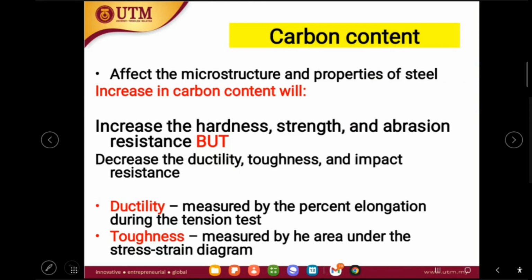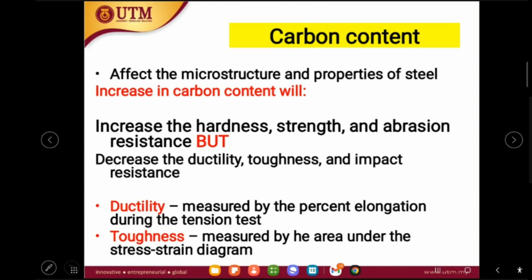So what are the effects of the carbon content in steel? It will affect the microstructure and the properties of the steel. With the increase of the carbon content, it will increase the hardness, strength, and abrasion resistance.